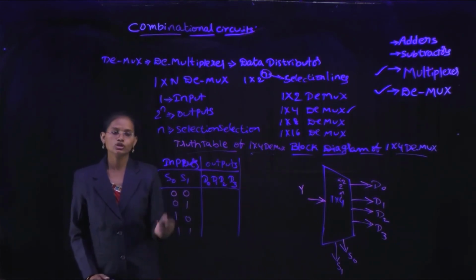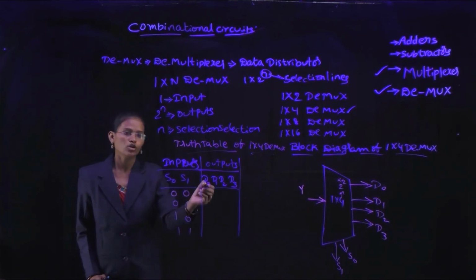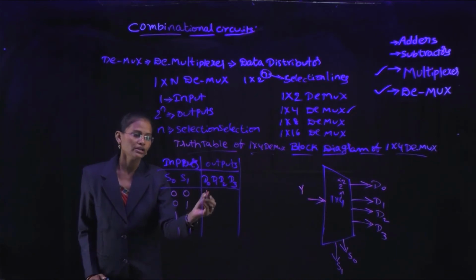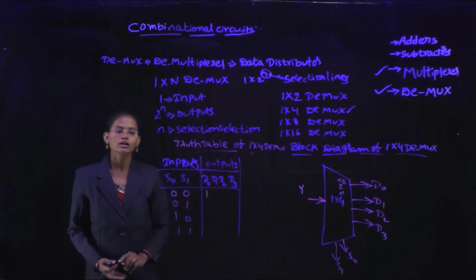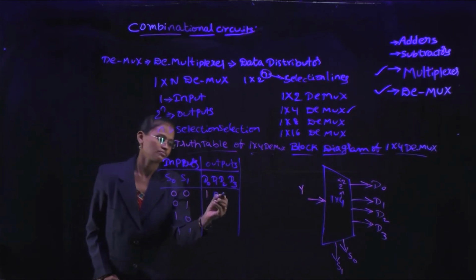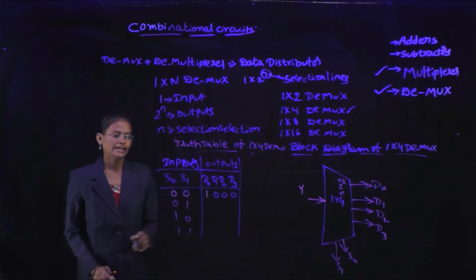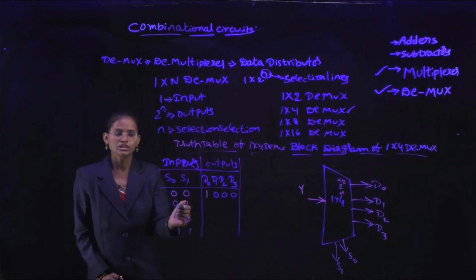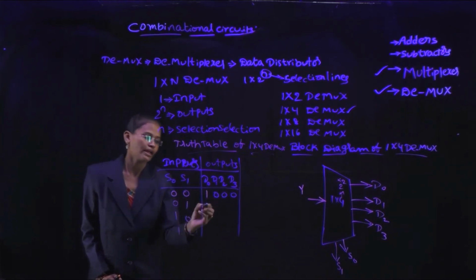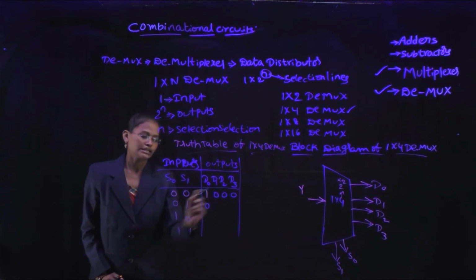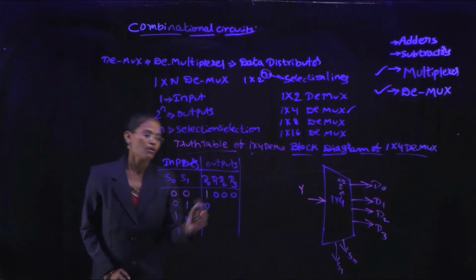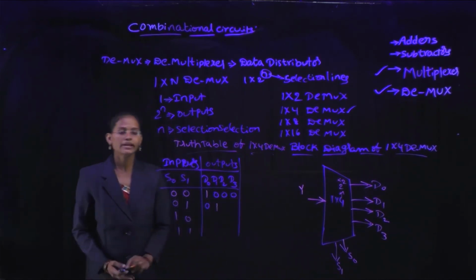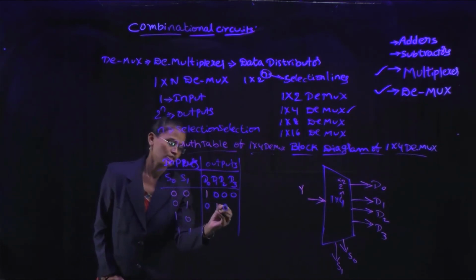Here 0 0 is there, so D0 appears as 1 and the remaining are all zeros. And next 0 1. 0 1 is input to the demultiplexer and produces D1 as 1 and the remaining are all zeros.